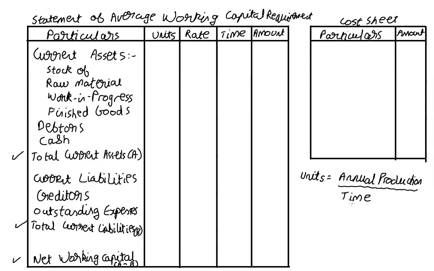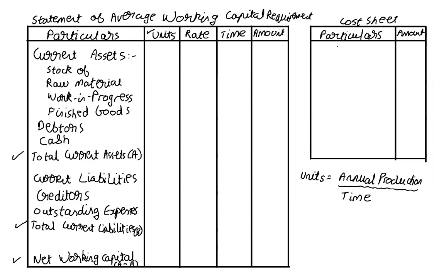Now, when we talk about time, if they say everywhere for raw material, work in progress, finished goods, we are talking about days, then time will be 365 or 360, what was given in the question. Similarly, if it is months, it will be 12. If it is weeks, it could be 52 or 50 or 48, depending on what's mentioned. Once we have this, our units column is looked after.